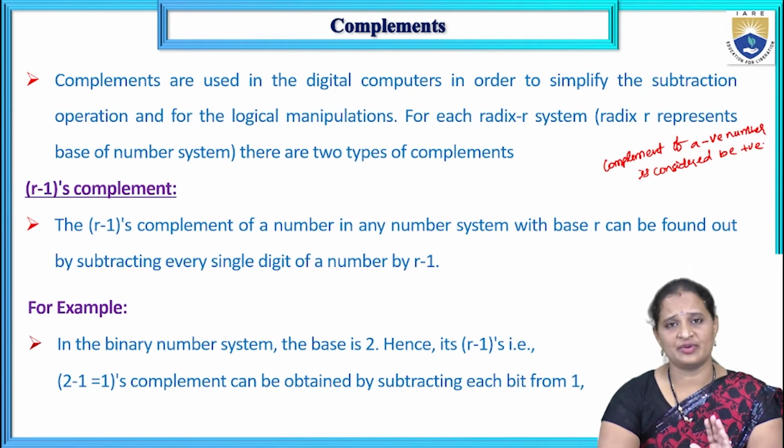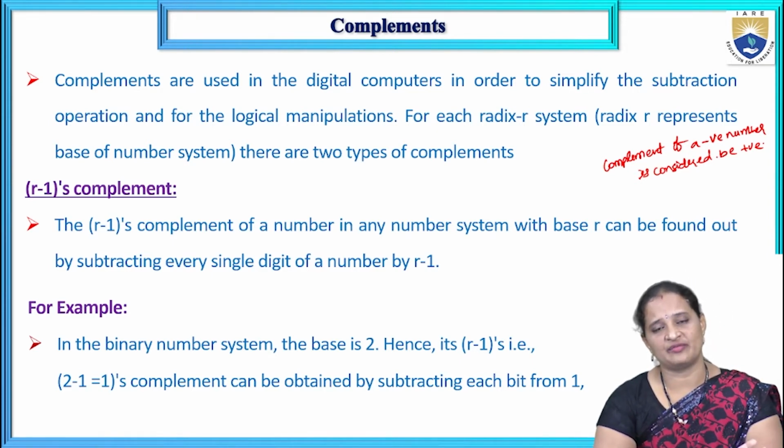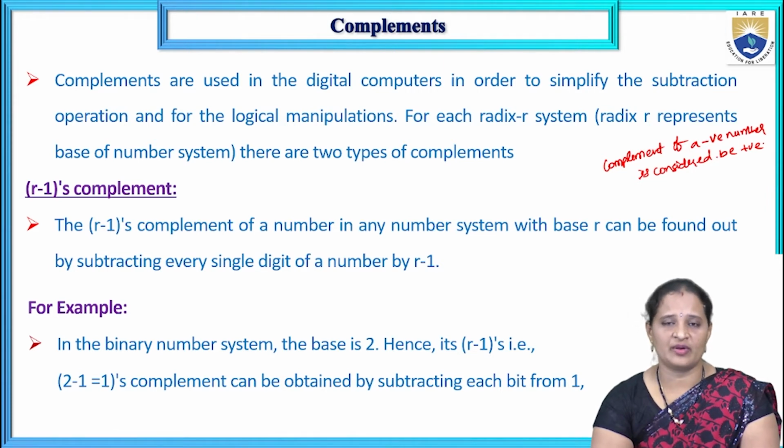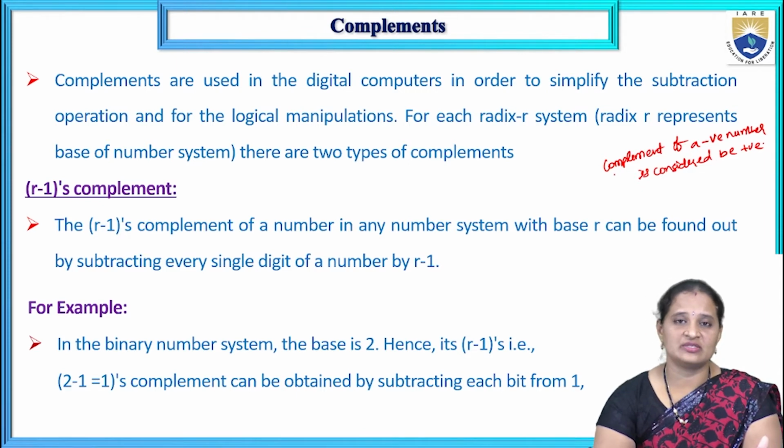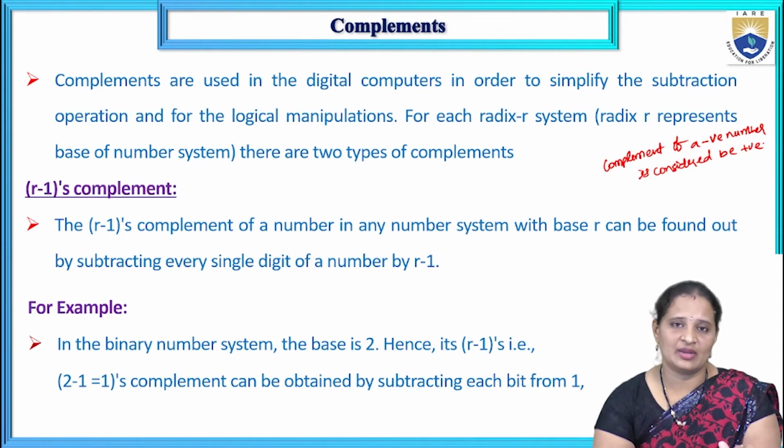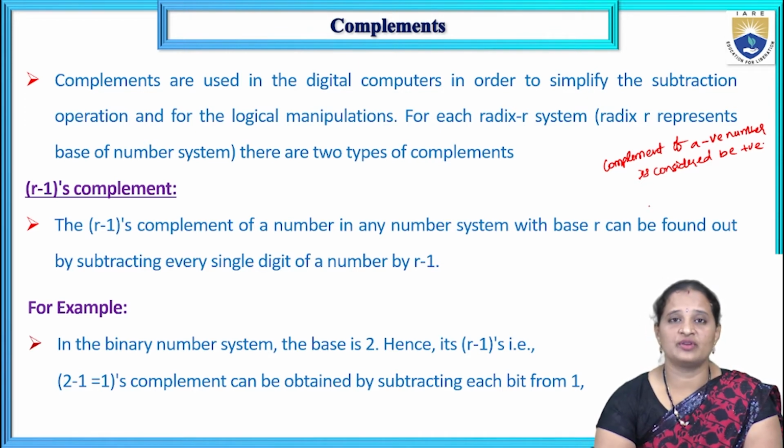So instead of having separate circuitry for performing addition and subtraction, if you can perform both using a single circuit, then you can reduce the number of components required, right? For example, if you want to design an ALU, an arithmetic and logical unit, and you can perform addition and subtraction using the adder only, then it is not needed to have a subtractor circuit separately. So that is why we are going for the complements.